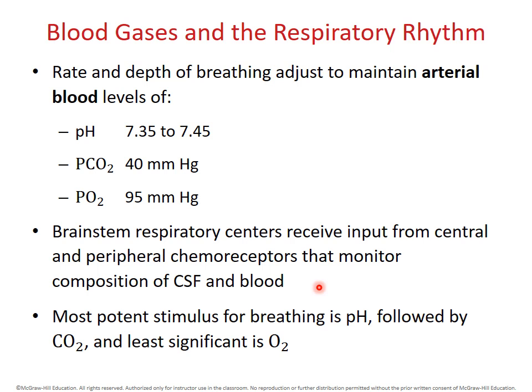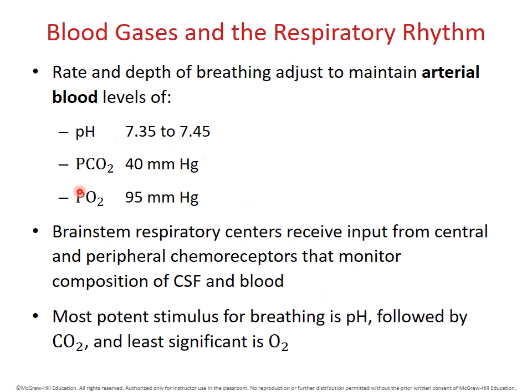The way we do this is pretty much by having respiratory centers, the respiratory centers in the pons and medulla, receive information from central chemoreceptors and peripheral chemoreceptors. Remember, central chemoreceptors are located in the medulla itself. Peripheral chemoreceptors tend to be located in places like the aortic arch and the carotid artery.